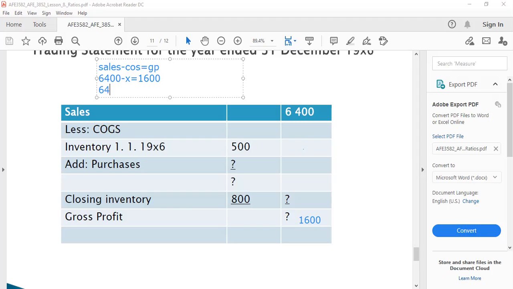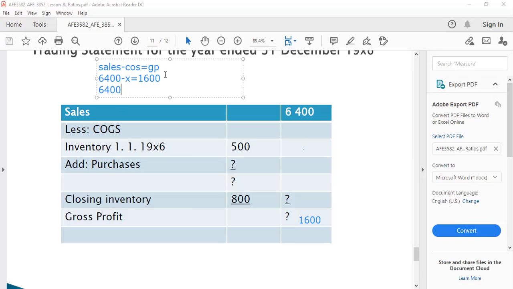Because there's a negative sign at X, you want it to be positive, so you need to take the X to the other side, and you bring the 1600 to this side.